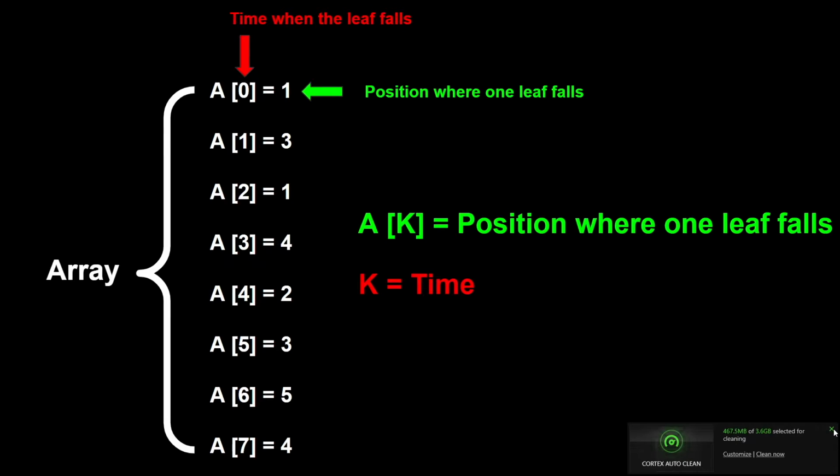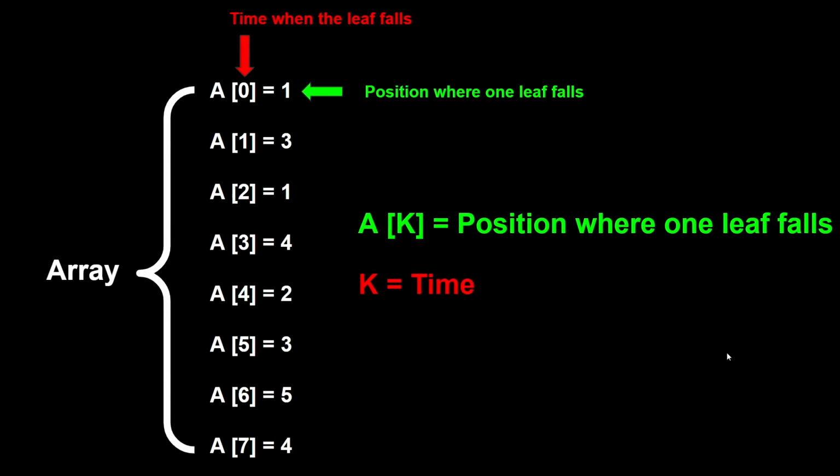That is, we want to find the earliest moment when all the positions from 1 to X are covered by leaves. You may assume that the speed of the current in the river is negligibly small, i.e. the leaves do not change their positions once they fall in the river. So for example, you are given an integer X equals 5 and an array A such that A[0] equals 1, so at time 0, a leaf falls in position 1.